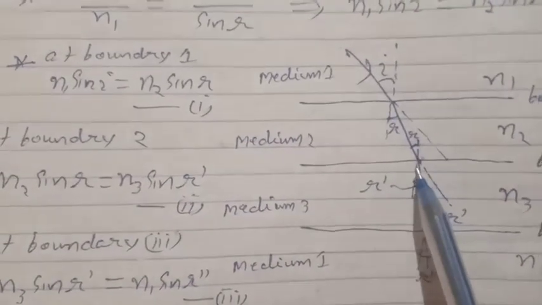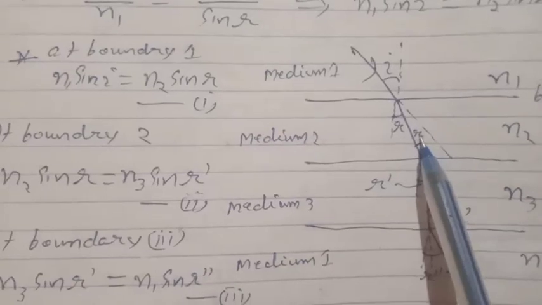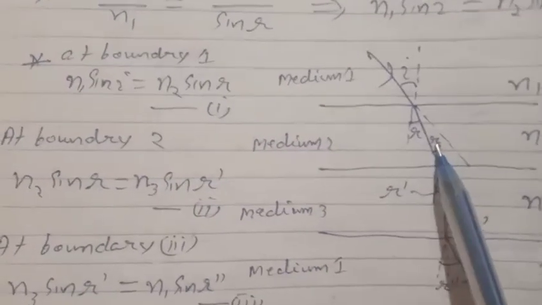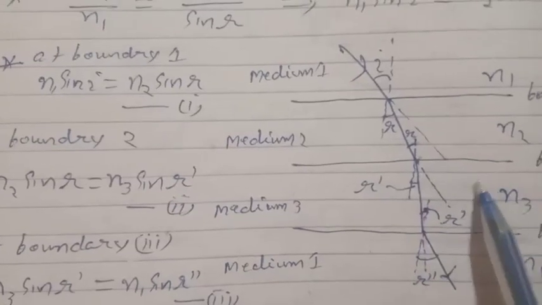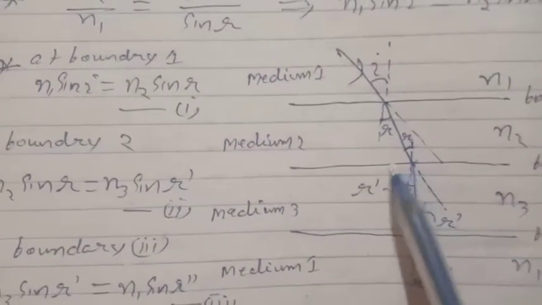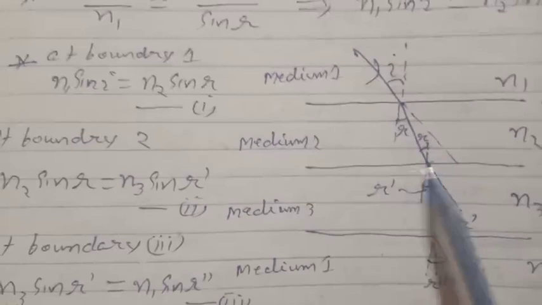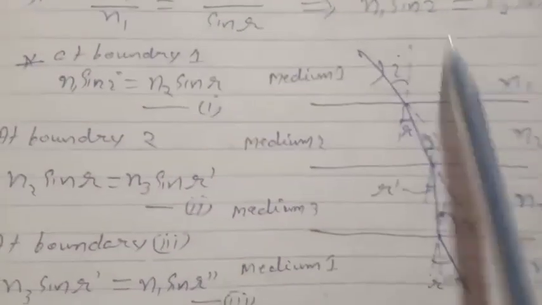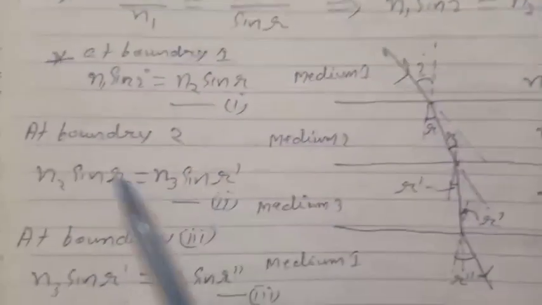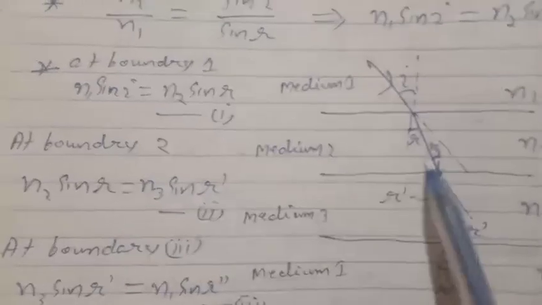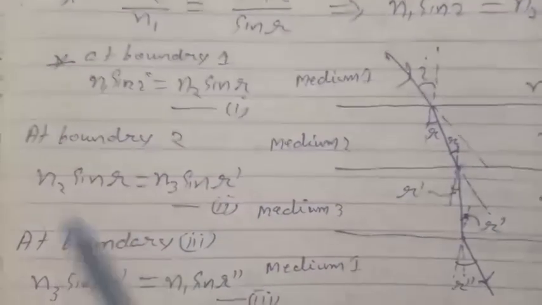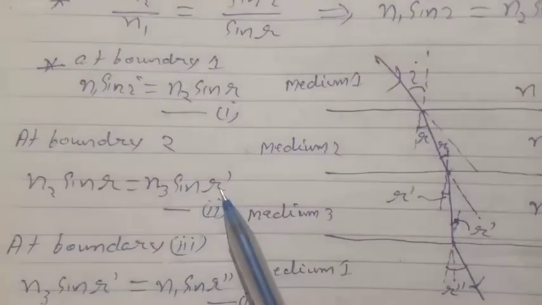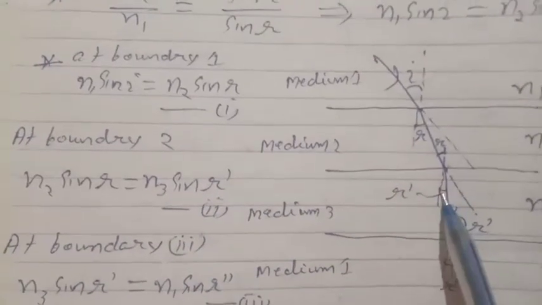Now at boundary 2, this angle is behaving as the angle of incidence, and this will be the angle of refraction for this boundary. So for this boundary we can write, using the above relation, n2 sine r equals n3 sine r dash, because the refractive index of this medium is n2.